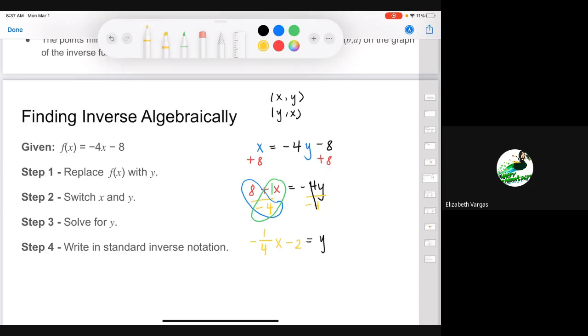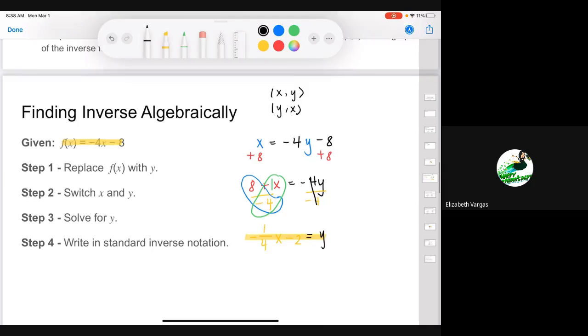So I started with my original function, which looks like this, and now I have my inverse function. Basically, the first thing I did was replace f(x) with y, switch x and y, and then solve for y. So I've isolated y again onto one side, getting my inverse function. Now I have to change that y back to an inverse function.